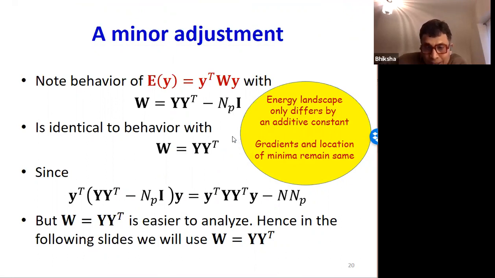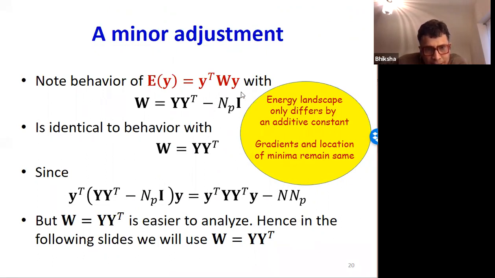So if I look at the energy for any particular Y, any particular pattern, then it's going to be Y transpose times the weight matrix times Y, which is Y transpose YY transpose Y minus this additional term, which is just a constant.